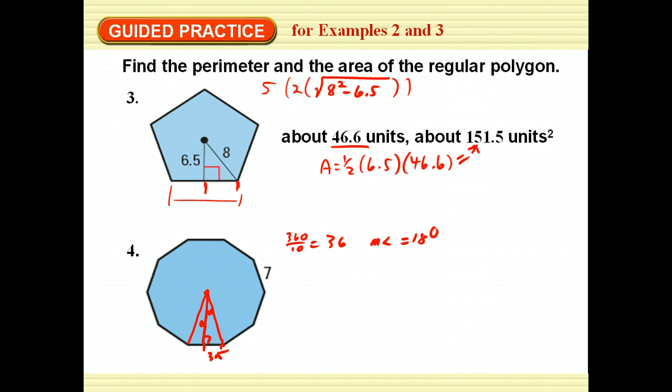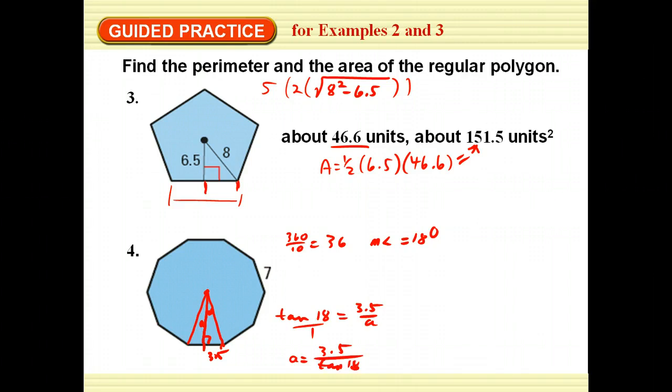So in order to find the apothem here, since this is opposite over adjacent, the tangent of 18 is equal to the opposite over the adjacent, which is the apothem in this case. So if I put that over 1, cross multiply and divide, I can see that my apothem is 3.5 divided by the tangent of 18.